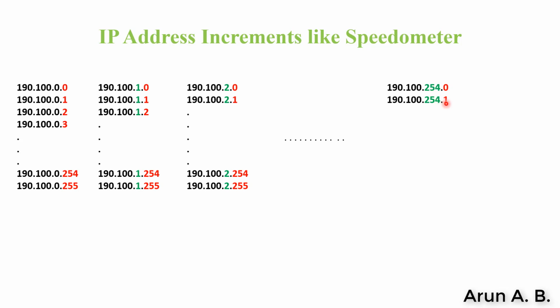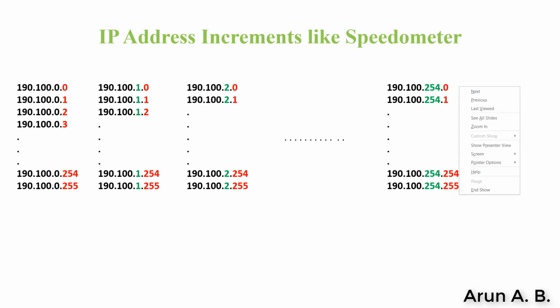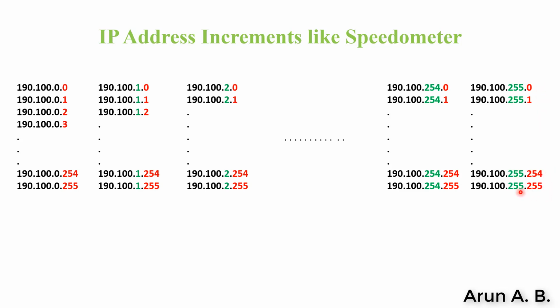Again for block 254 we can have a range from 0 to 255. Finally this value can go up to only 255. After this 255, for block 255 the host can be 0 to again 255.